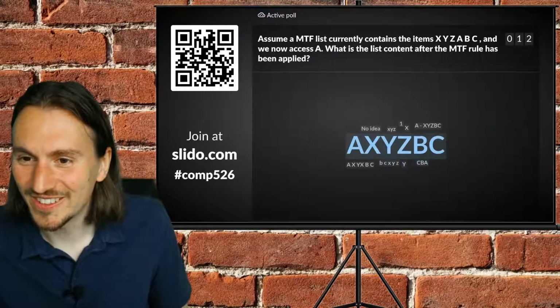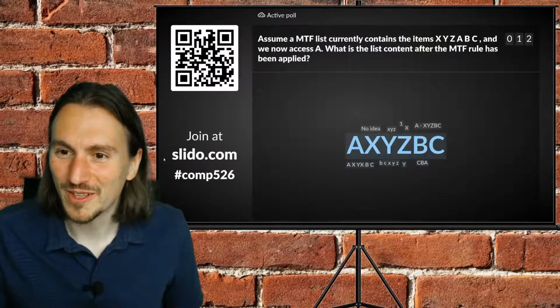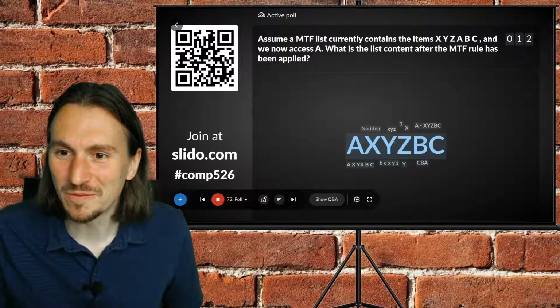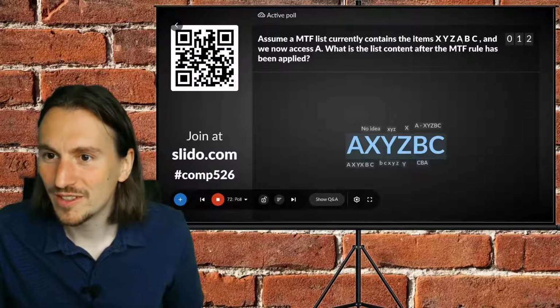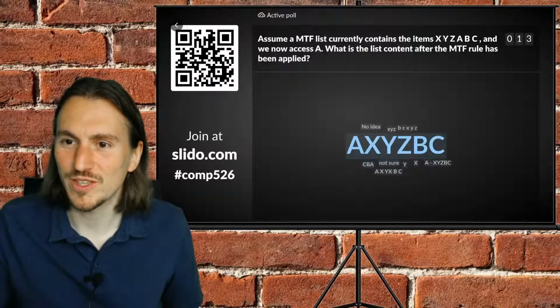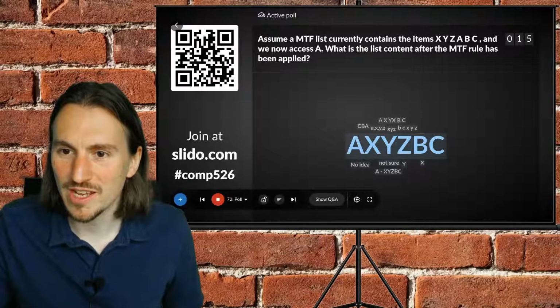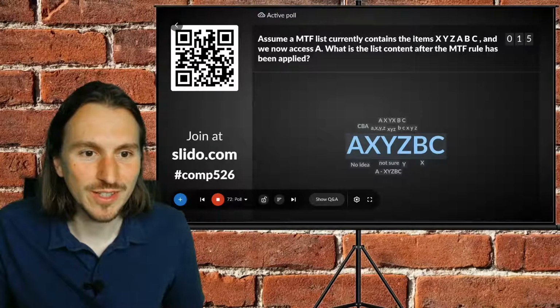That makes it a little challenging. But the fat one that was sent a couple of times is the correct one. It used to be X Y Z A B C. Now we access A, so that means the A is moved to the front, but the rest stays the same. So we have A, X, Y, Z, and then B C is left as it was.